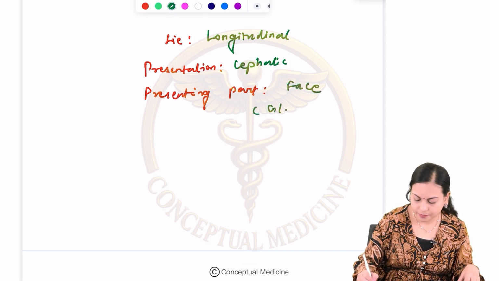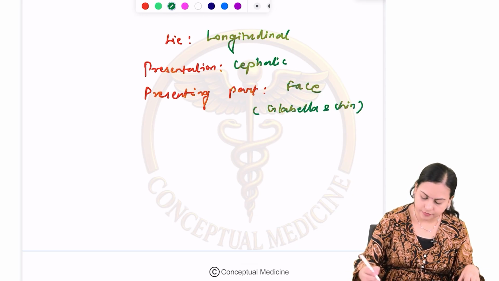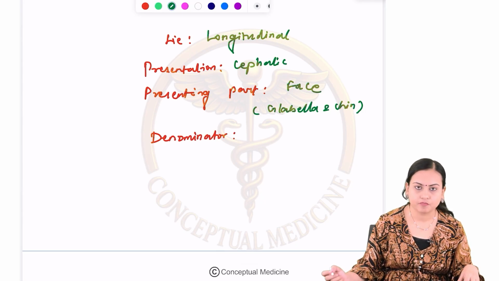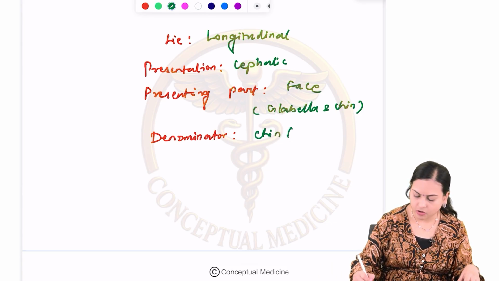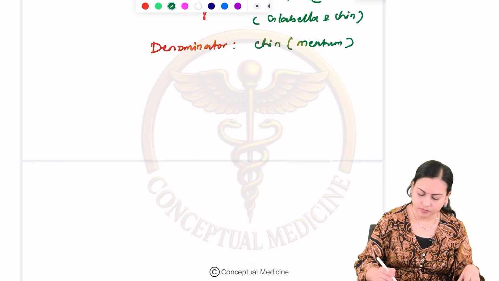Face is between the glabella and chin. Which will be the denominator for face presentation? Yes, it is going to be the chin again, or otherwise we can call it mentum.